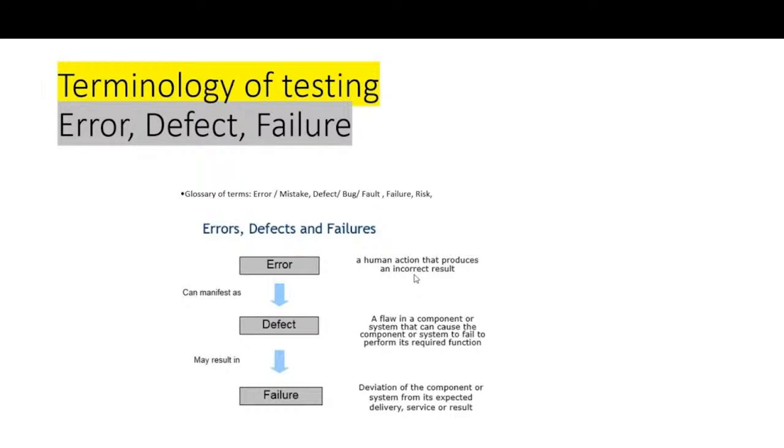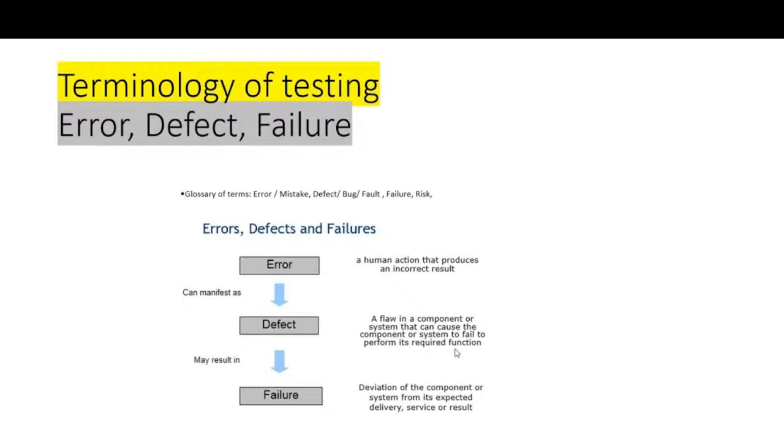And what is the next one? It is called a defect. A defect is a flaw in a component or a system that can cause the component or system to fail to perform its required function. What does a TV have to do? A TV should display a picture and change channels.